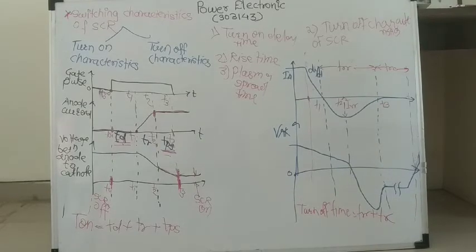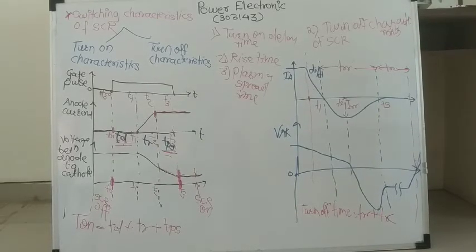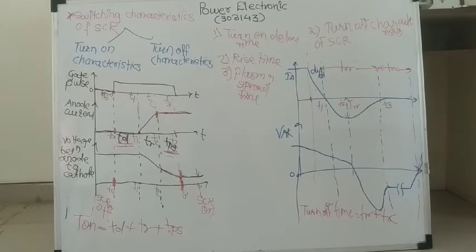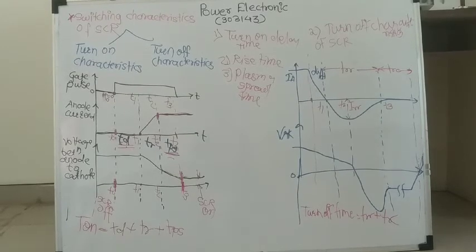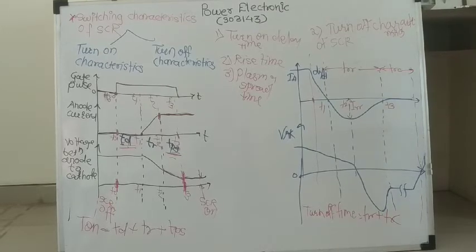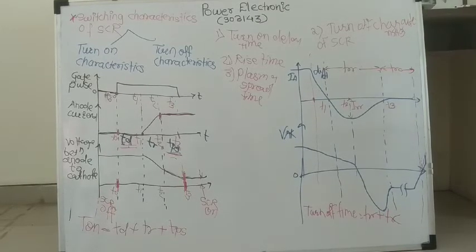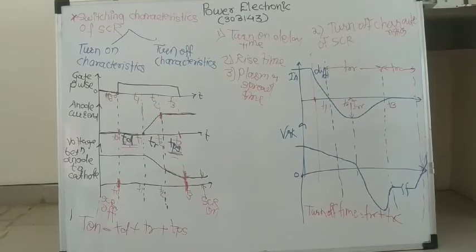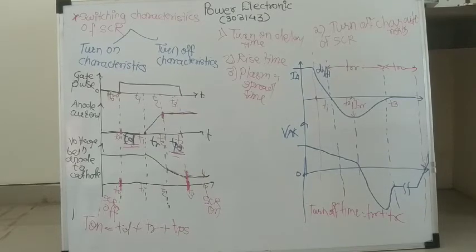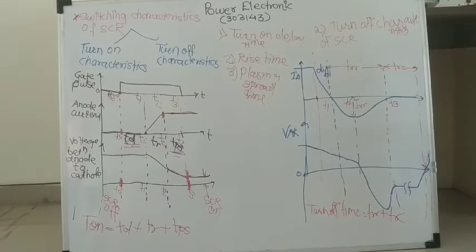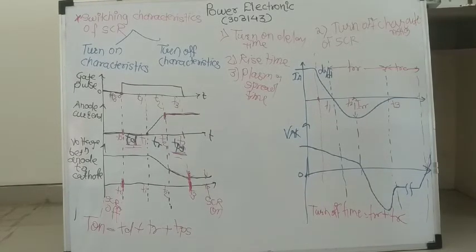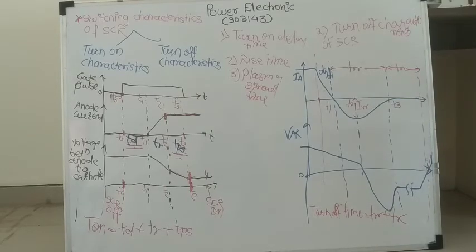Means your total turn-off time is decided by the manufacturer, or it is pre-decided for different SCRs, and it represents the minimum time the SCR should remain in the reverse blocking mode before any forward voltage is reapplied. It is necessary to reverse bias the SCR for a period greater than or equal to TQ before applying the forward voltage, because without that it may be accidentally turned on.